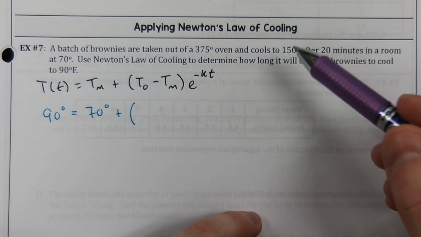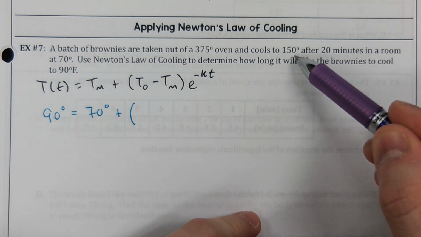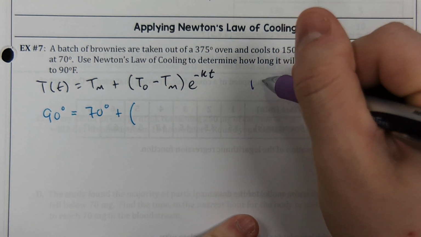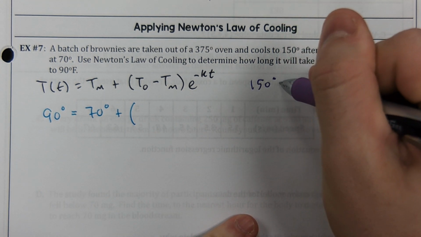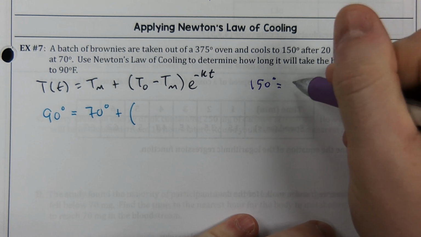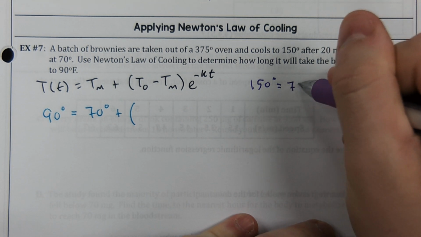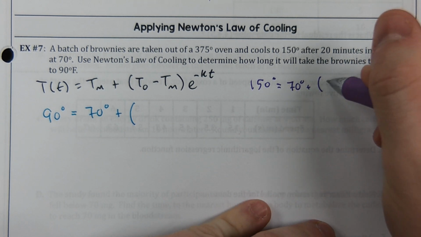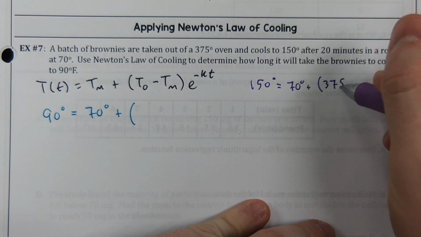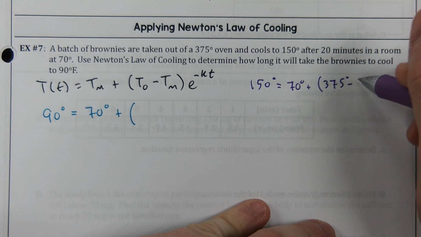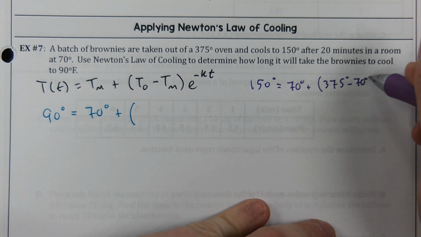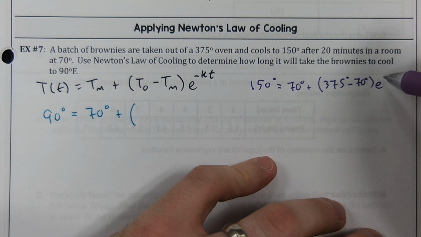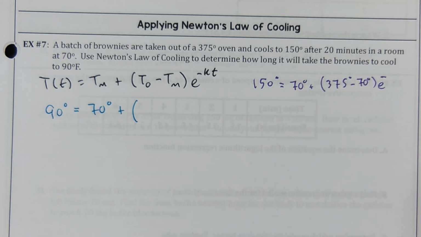Alrighty. We know that after 20 minutes, we got down to 150 degrees. So 150 degrees, the surrounding medium was still 70 degrees. Our original temperature would have been the 375 minus the air, e to the negative k times 20.